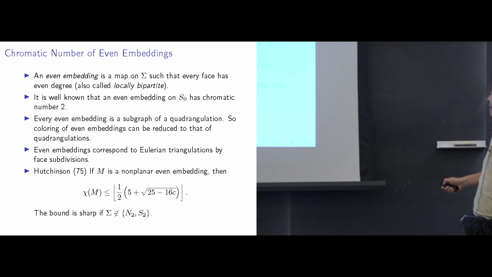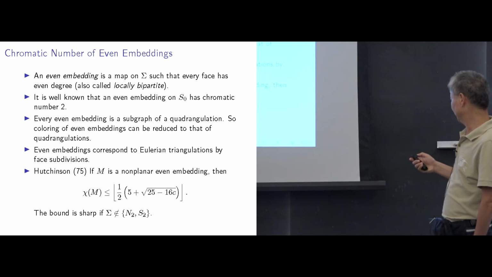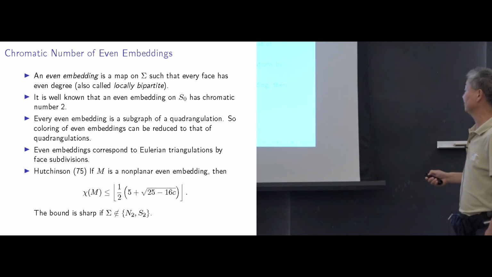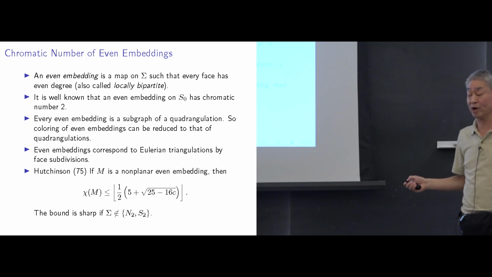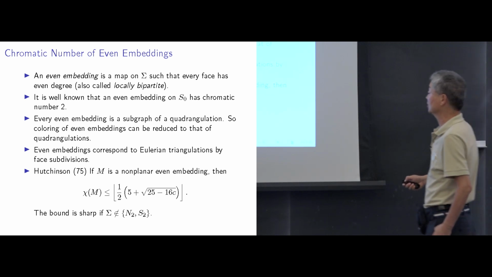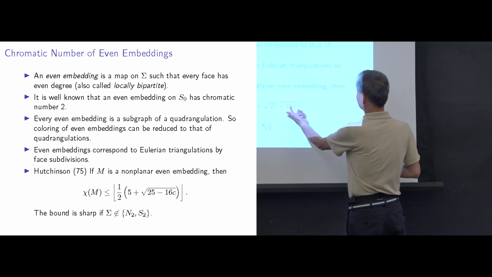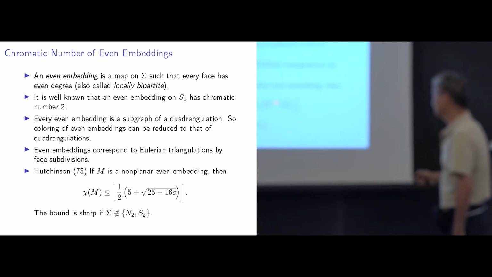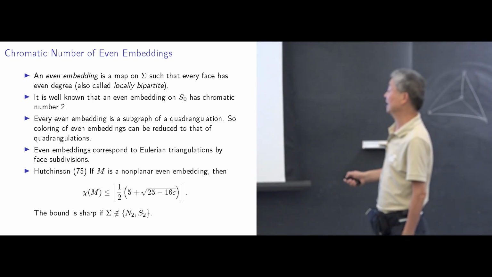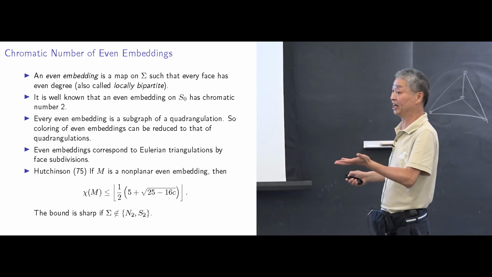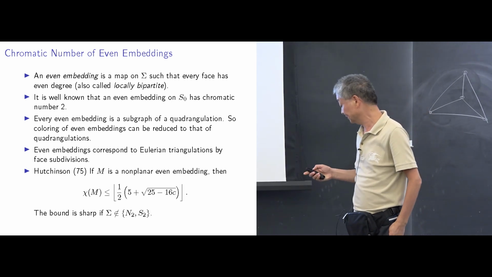And this is also sharp if the surface is not the Klein bottle or double torus, okay? So in general, it means that if you have an even embedding or quadrangulation, the chromatic number can still be very, very high, okay? It's the same as 16 times the Euler genus, or times k. So it can still be quadratic in the genus, okay?